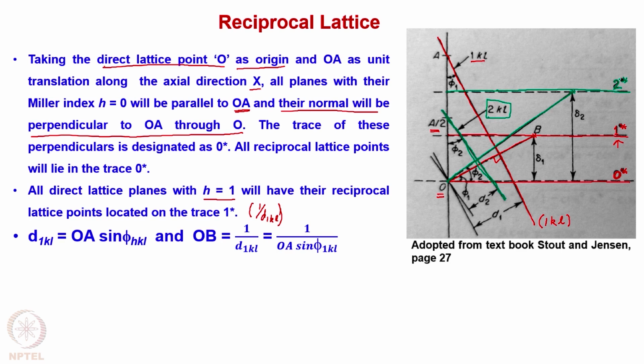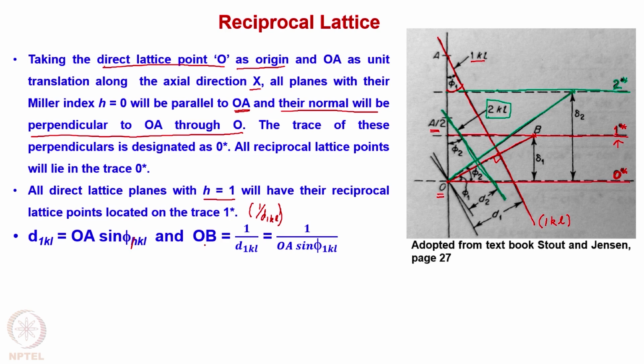So if we apply some simple mathematics, what we can find is d1KL is equal to OA sine phi 1KL, where phi is the angle here. d1KL is the distance from here to there, and that distance is nothing but OA sine phi 1, or sine phi HKL, which actually should be 1KL.